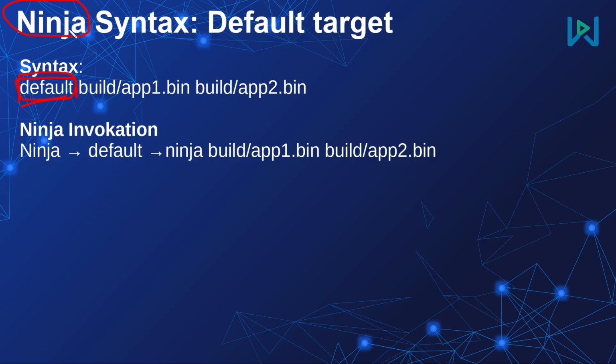Hence, whenever we are invoking the ninja command within our top level directory, it will parse the Ninja build file to recognize this default keyword, and then will invoke, in consequence, the corresponding Ninja build statement. So the ninja command will look for the default target, and then this will be evaluated, as you can see, to execute the corresponding build statement that has been associated with our default target.